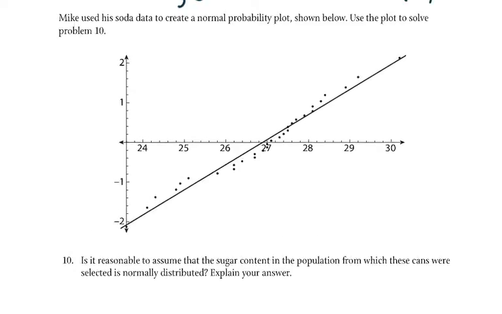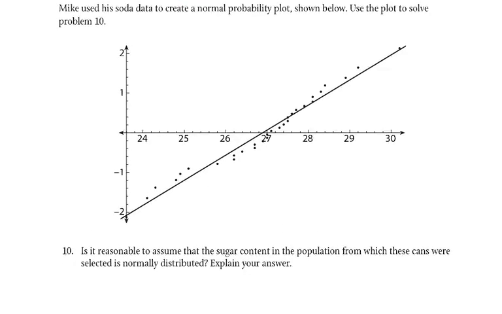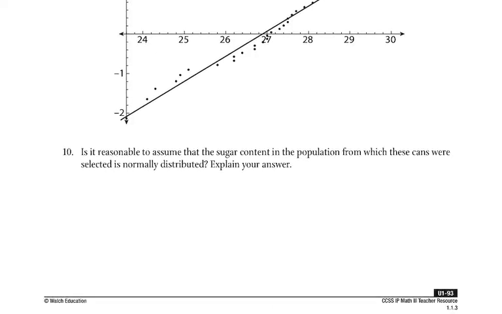Alright, so the last one, Mike used his data to create a normal probability plot, which is basically taking those points, and the closer you are to this line, the closer it is to a normal plot. So is it reasonable to assume that the sugar content in the population from which these cans were selected is normally distributed?